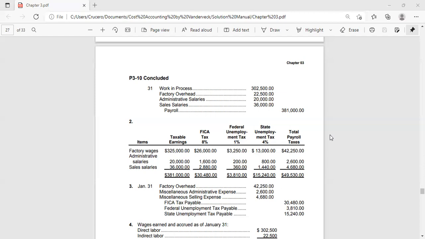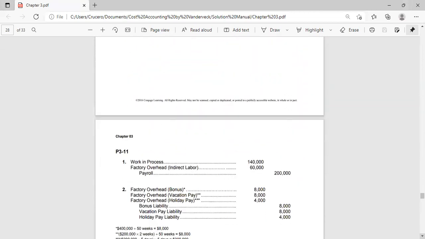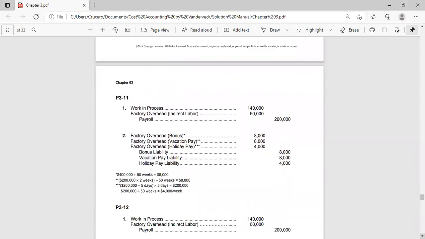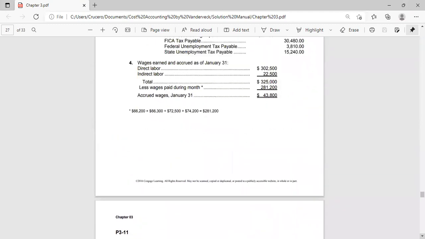For requirement 4, assume that factory employees worked on January 29, 30, and 31. What was the amount of accrued wages on January 31? Hint: assume that there were no accrued wages at the beginning of the month.